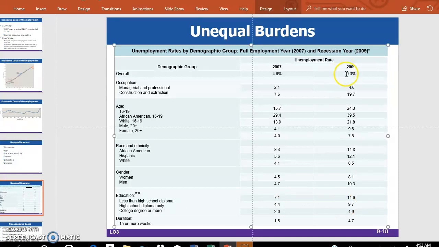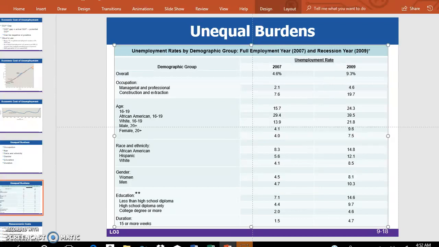And then high school diploma only unemployment is 2, so half of the national average in 2007, and then jumps to 4.6, which is also about half of the national average for 2009.